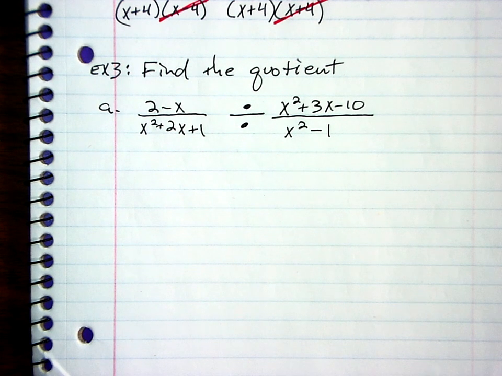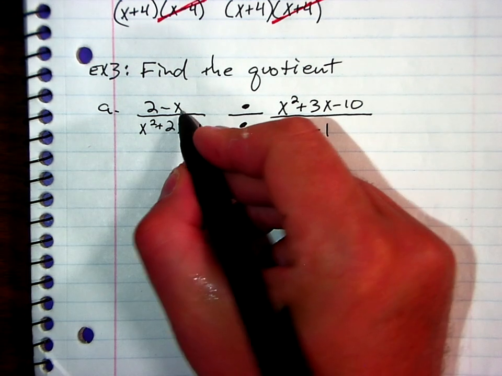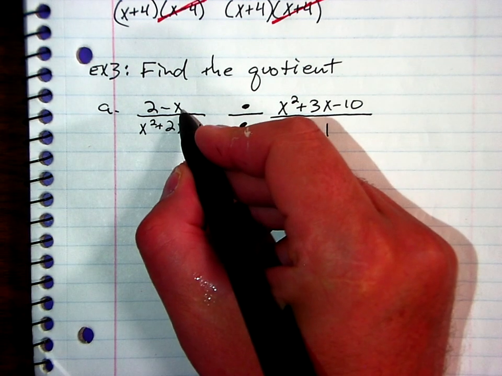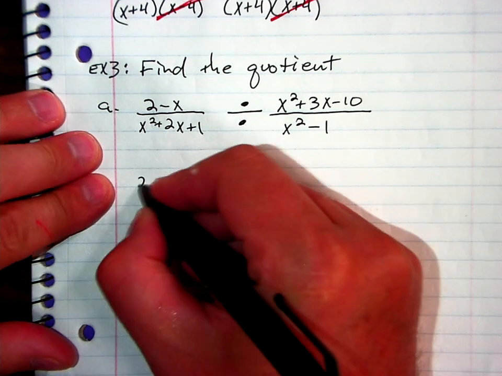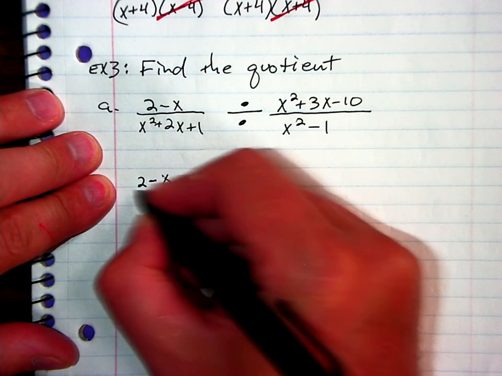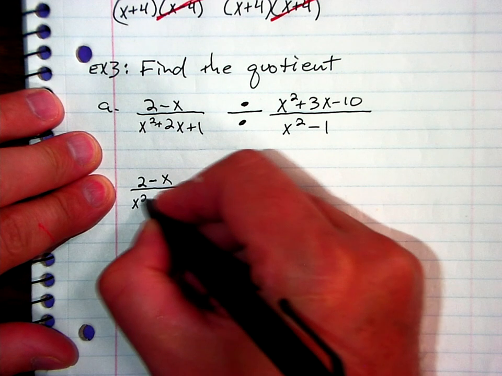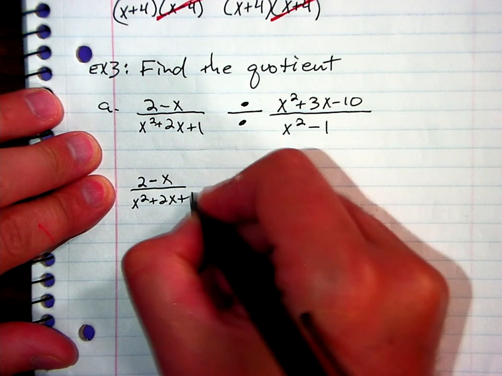All right, so what's the only thing different when you divide? You have to do something to the second term. Yep, keep it, change it, flip it. So we keep this: 2 minus x over x squared plus 2x plus 1.